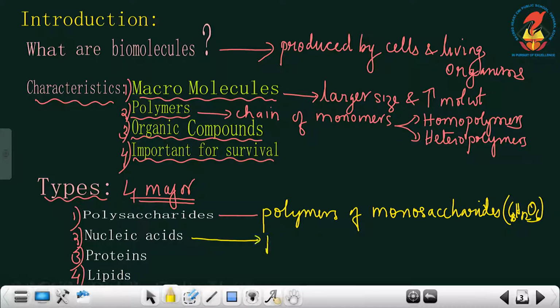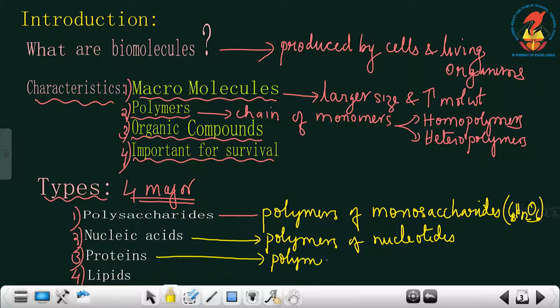Nucleic acids are polymers of nucleotides. Proteins are polymers of amino acids, and lipids are polymers of the monomeric unit fatty acids or glycerol.